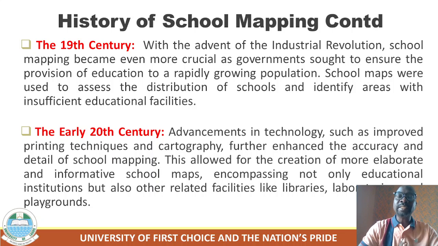The early 20th century was when there were advancements in technology, which include improved printing techniques and cartography. The advancement in technology further enhanced the accuracy and detail of school mapping.